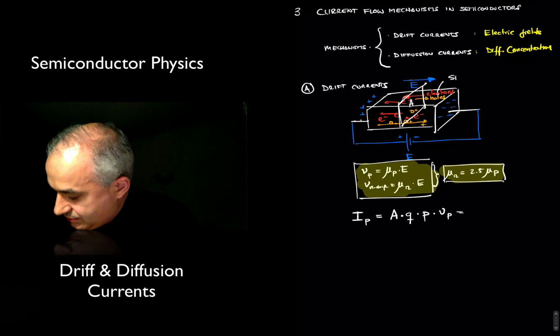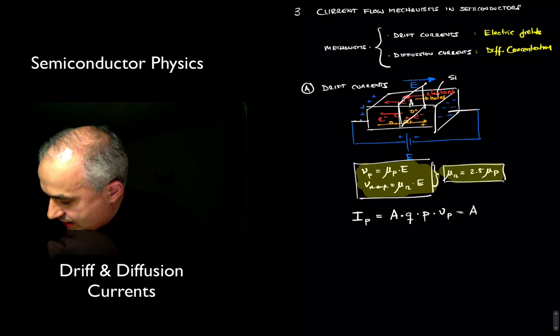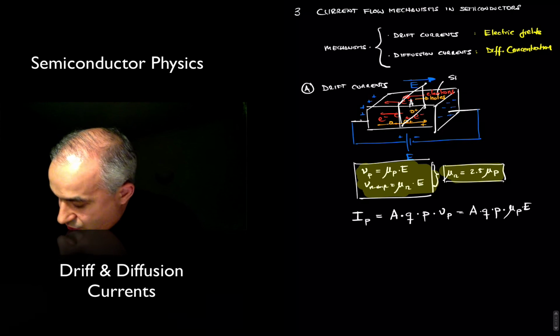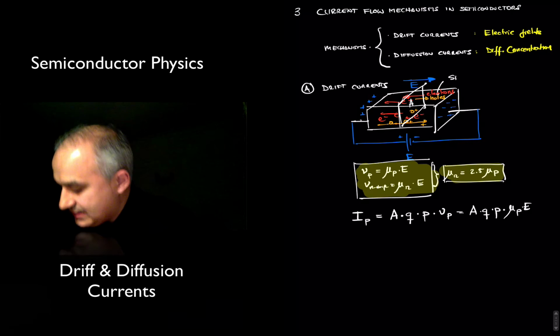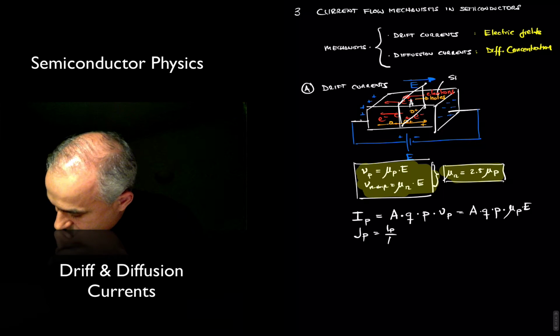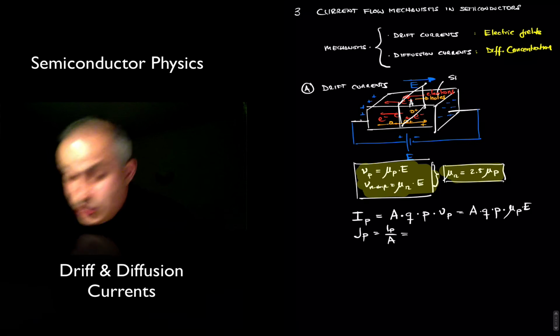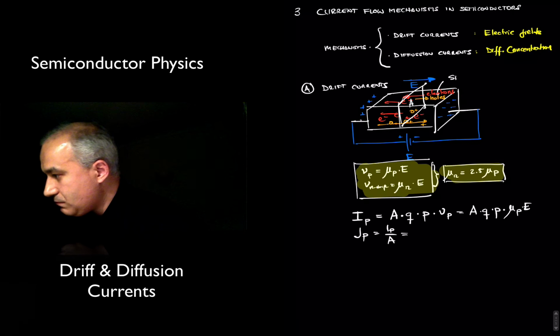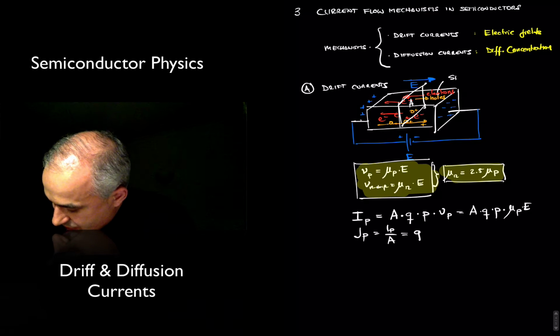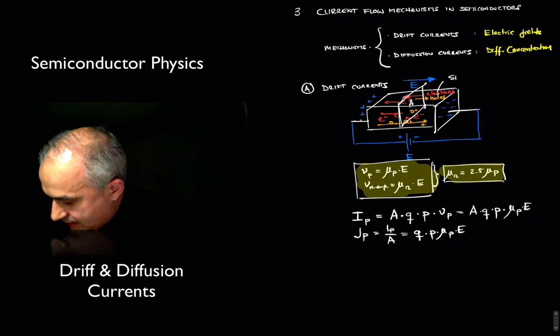Or if you substitute here, you will have A times charge times the concentration of holes times mu P times E, or sometimes we look at the current density, where you do the current per unit cross-sectional area. And so the A cancels and you have Q, P, mu P, E.